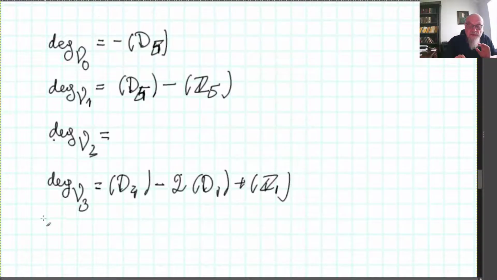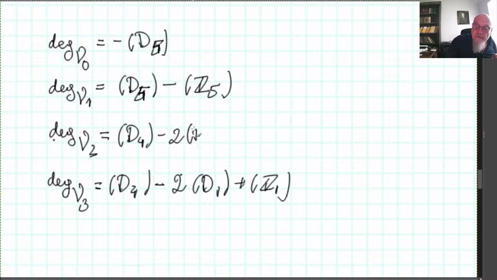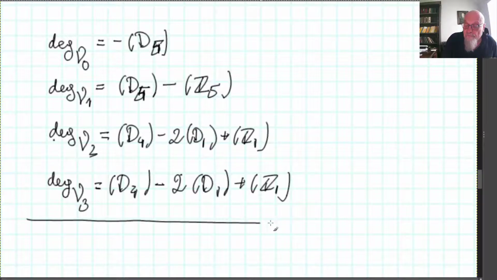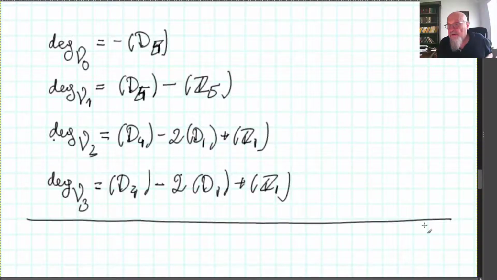So that means in a certain way it is not so important. We can write it down in both cases. This is D1 plus Z1. So that's how this is computed.